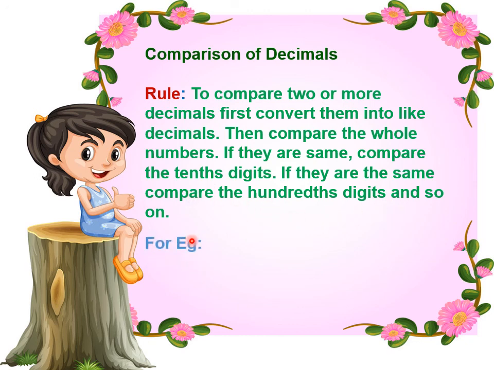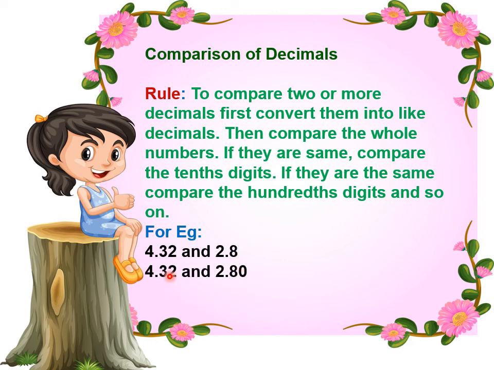See, for example, 4.32 and 2.8. These are not like decimals, so first we have to convert them into like decimals. In the first decimal, after the decimal point how many digits are there? 2. And in the second decimal, after the decimal point how many digits are there? Only 1. So we have to make that 2, so we will add 0.